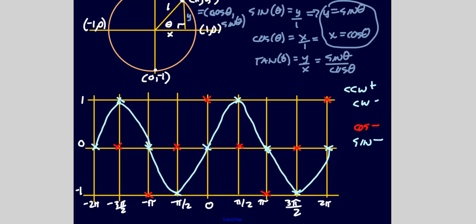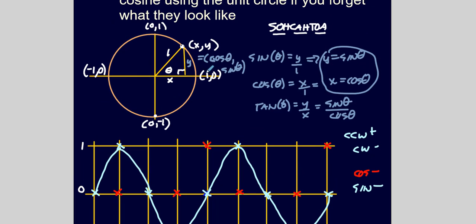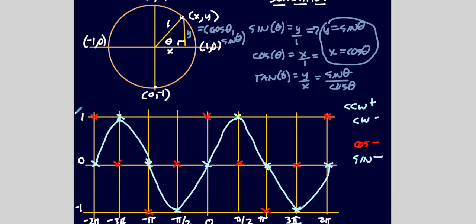And then the cosine of negative 2 pi, or negative 360 degrees, is 1. So you can see that the offset for these angles is going to be negative 90 degrees, or pi over 2.